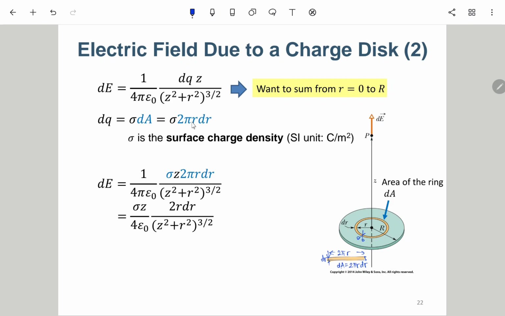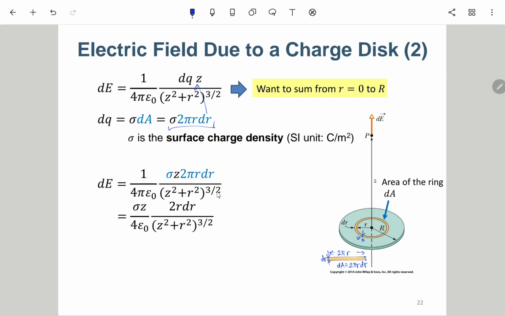So here we have dr, so we can do the integration dr from 0 to capital R. We can try to put this thing in here. Here we have dE, this is K, z, we put it here, and this term we also put it here. So this dQ becomes sigma, 2 pi r, dr put in here.